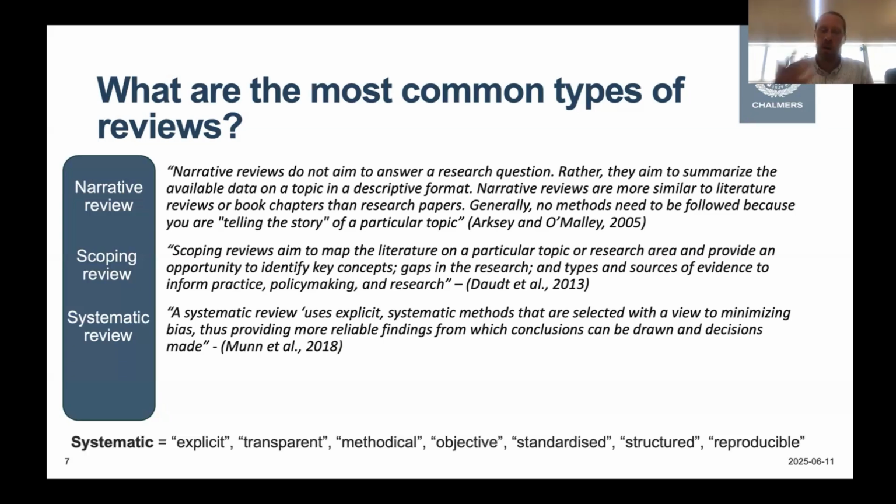And there are a lot of words kind of implicit in the word systematic, that you say that your review will be more explicit, more transparent, more methodological, more objective, standardized, structured, reproducible. And all of these words can also be used when describing these types of reviews.